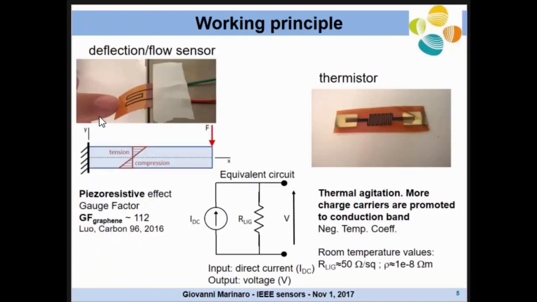The working principle of the two applications I want to show you: on the left, a deflection sensor. If you apply a normal force on this cantilever, you will have this pattern of forces, tensile on the upper side and compressive below.